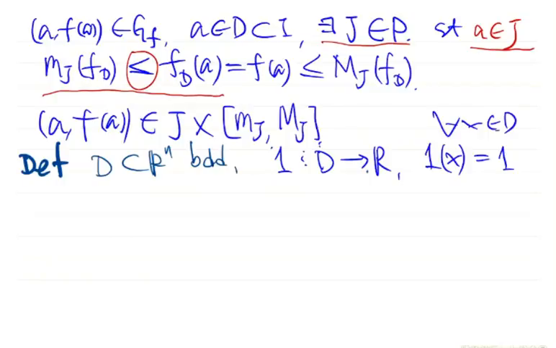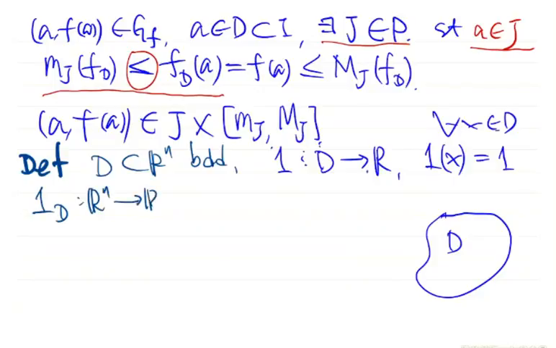Now, how about the general extension of this constant function? So this is D. Its general extension is such a function. By our notation, denoted by 1_D, which is a function defined in R^n, whose value is 1 if x belongs to D, otherwise 0.